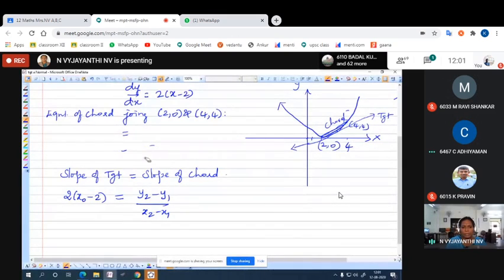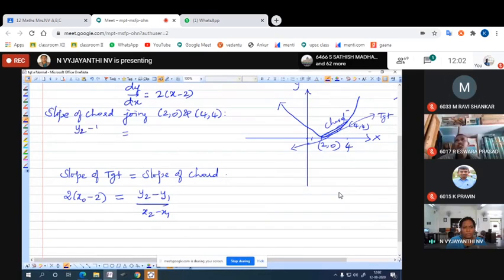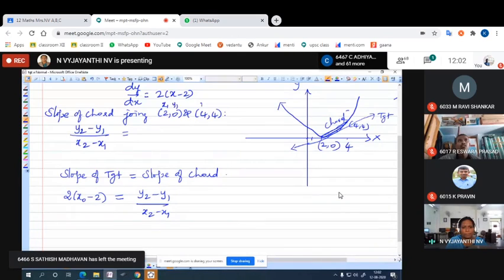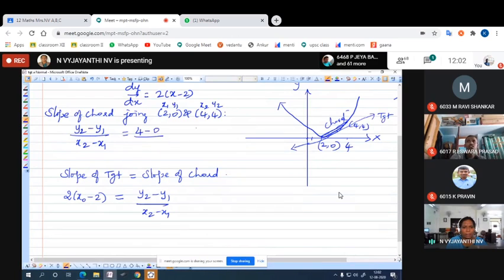Shall we find the slope and then apply? Slope of the chord is (y2 minus y1) by (x2 minus x1). Let us assume these as (x1, y1), (x2, y2). So y2 minus y1 is 4 minus 0 divided by 4 minus 2, that is 4 by 2.